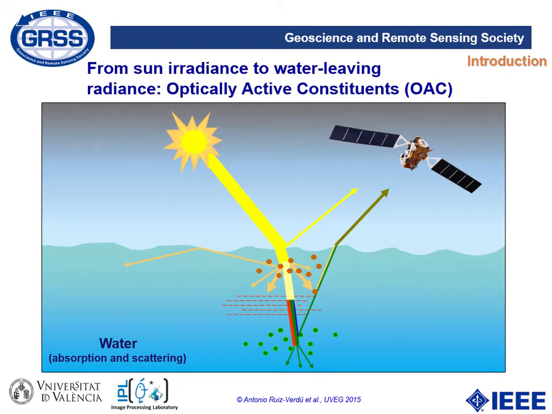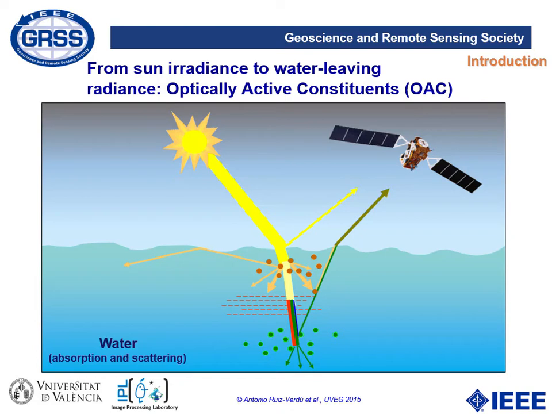So obviously the first optically active constituent is water. Water modifies the incoming radiation flux through the processes of absorption and scattering, and as we will also see later, fluorescence. Water, as we will see later, absorbs light very strongly in the ultraviolet and in the infrared ranges.